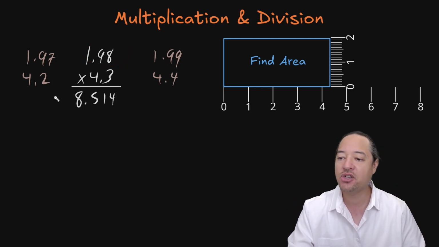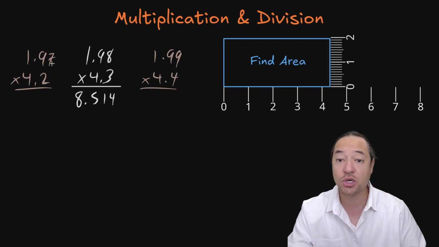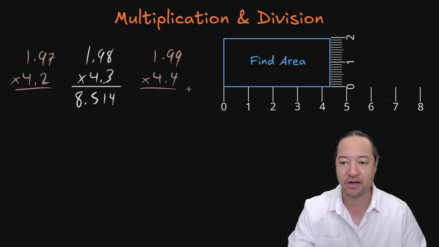So let's find what the area would be if we assume that these ranges were correct. On the low end, we get a minimum possible area, and on the high end, we get a maximum possible area.